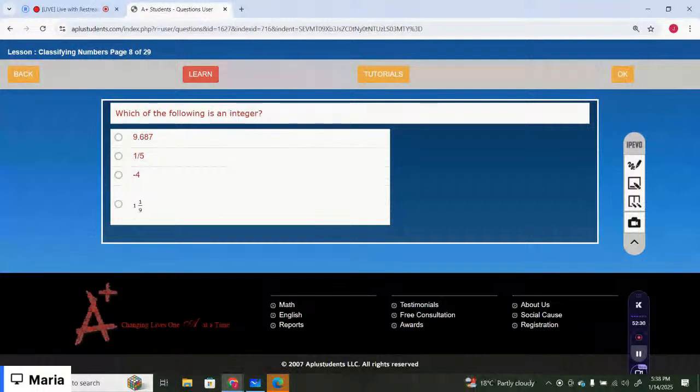Which of the following is an integer? Negative 4 is an integer.